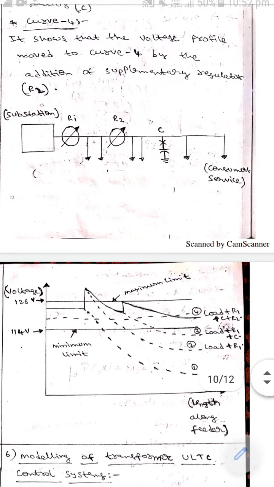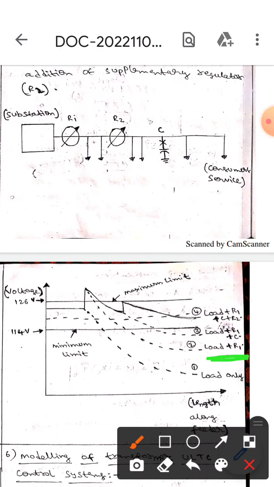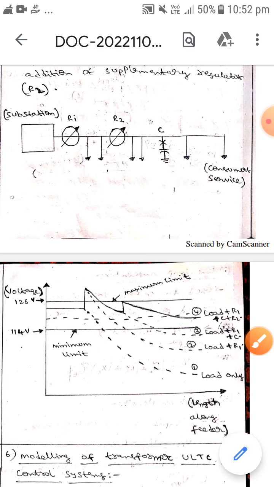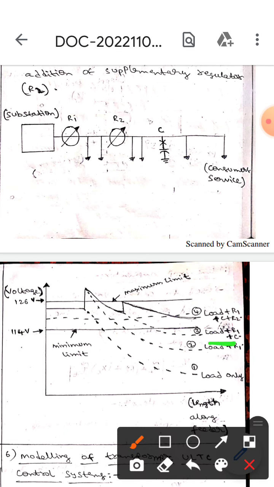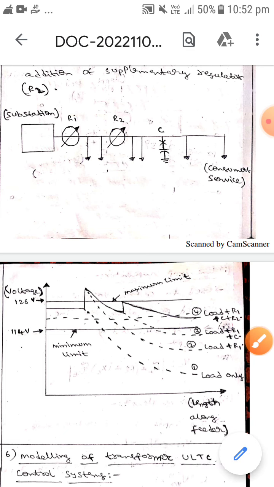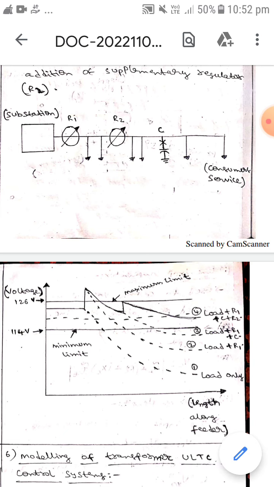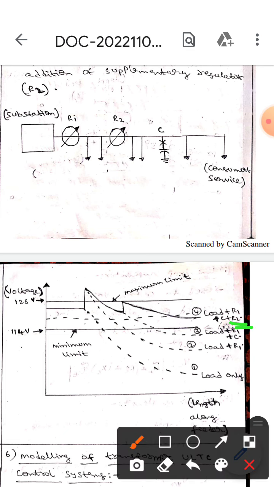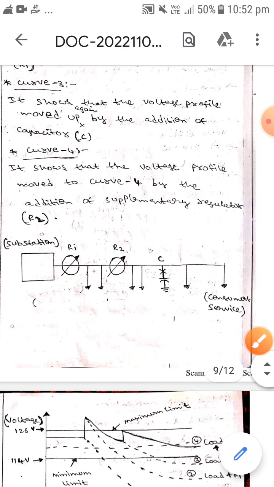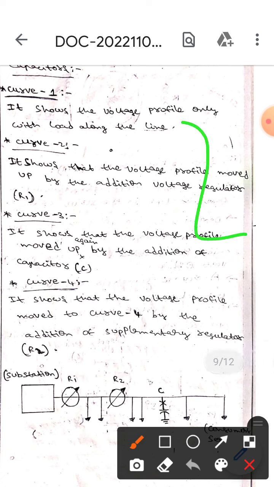In curve 3, a capacitor is added to the load and R1, so that the voltage profile rises to curve 3. In the case of curve 4, R2 is added. This is called a supplementary regulator. As this is added, the voltage profile is raised to curve 4. This is what I wanted to tell in this theory.